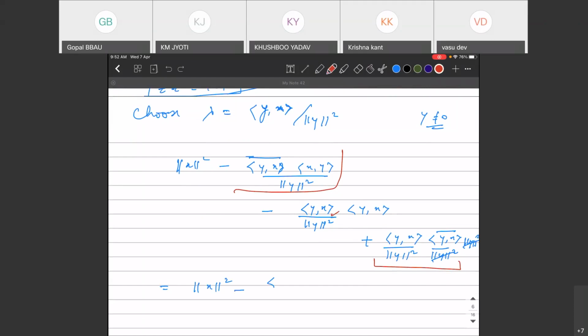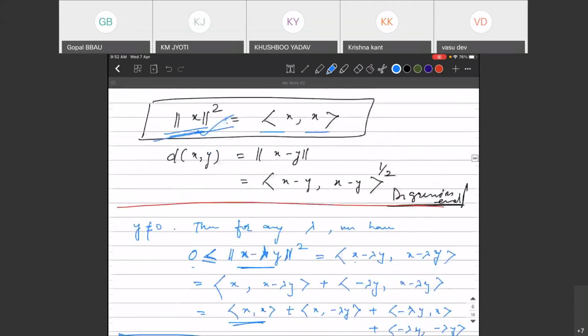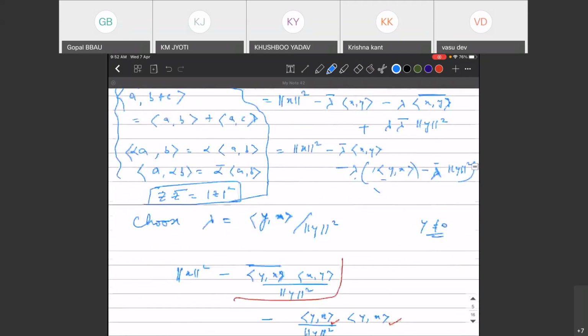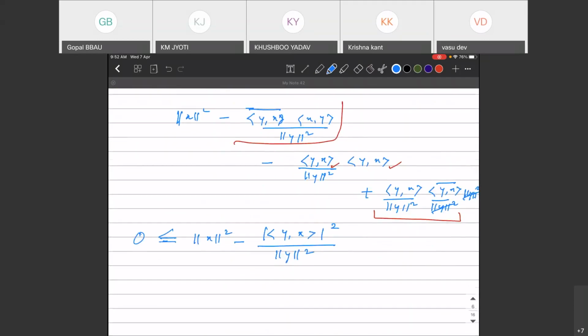These two are scalars. So it would be |⟨y, x⟩|² by ‖x‖², which is the same as |⟨y, x⟩|² by ‖y‖². Okay, so this is what we get, but this is always greater than or equal to 0.